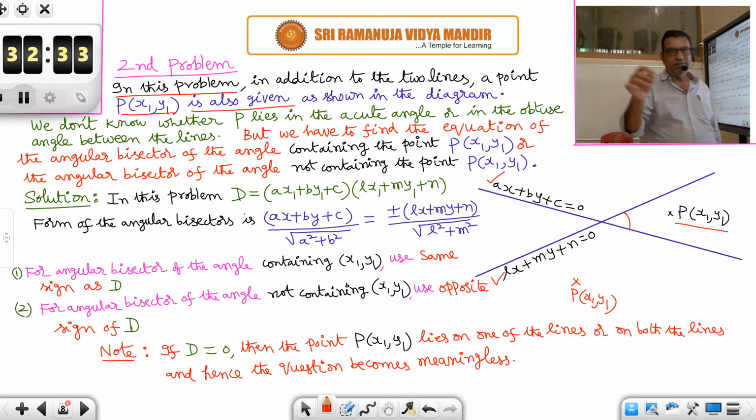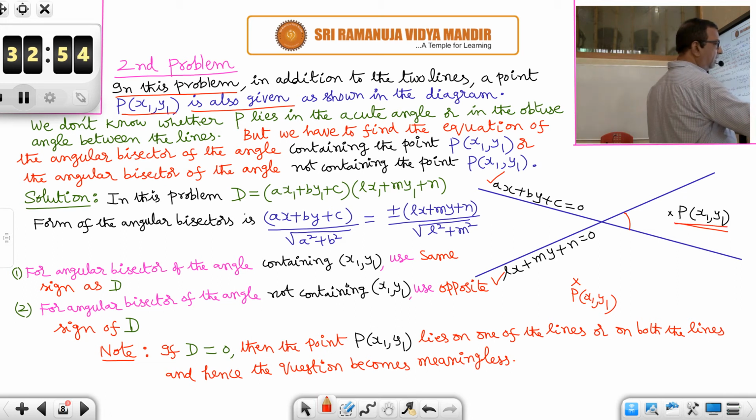Unless we draw the diagram in the xy plane to scale, only then can we find whether P is lying in the acute angle or obtuse angle. Just the equations of the two lines are given, and the coordinates of a point are given. How can you say whether it is lying in the acute angle or obtuse angle? We don't know, is it not?